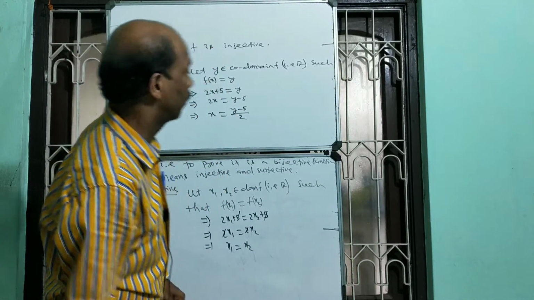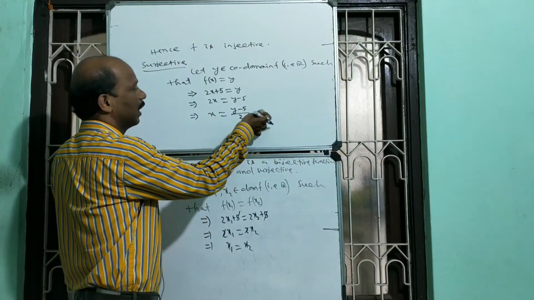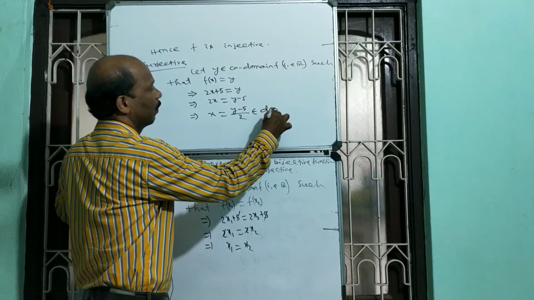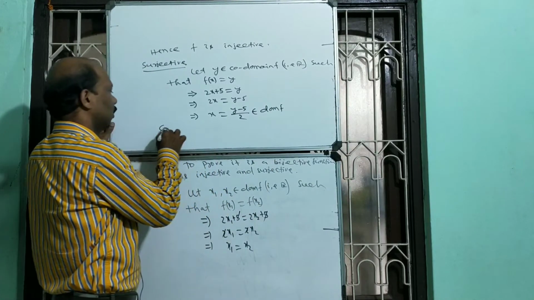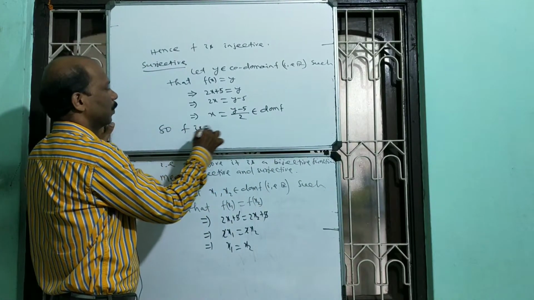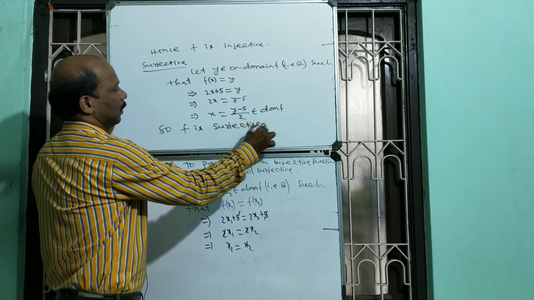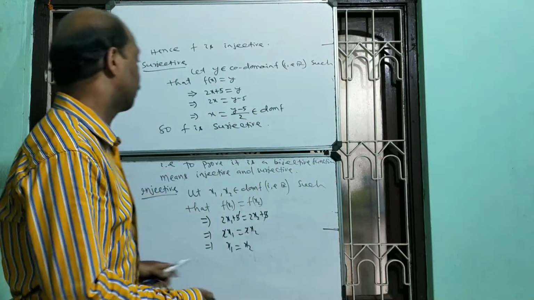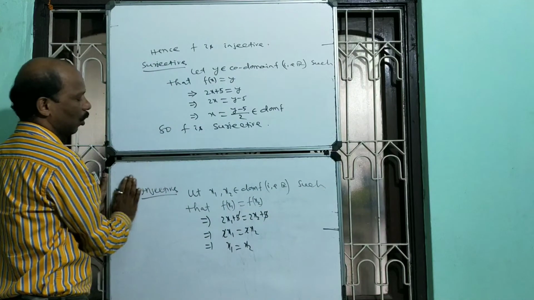So for every y in the codomain there is an x in the domain of f. So f is surjective. Since f is injective and surjective, it is a bijective function. Since it is bijective, it is an invertible function.